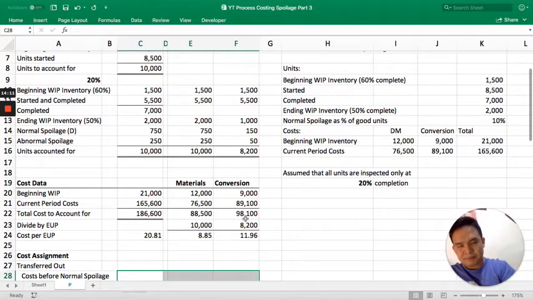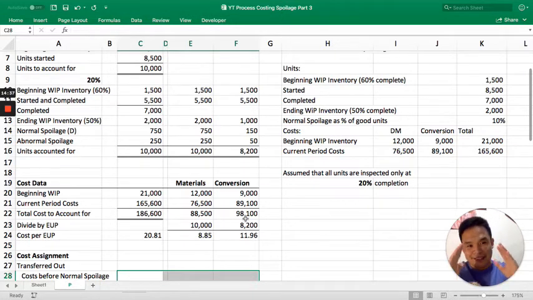The rule is this. If the completion of ending inventory is beyond the inspection point, then magbigay tayo ng normal spoilage cost sa ending. If the inspection point is after the percentage of completion of ending inventory, then hindi tayo magbigay to ending.